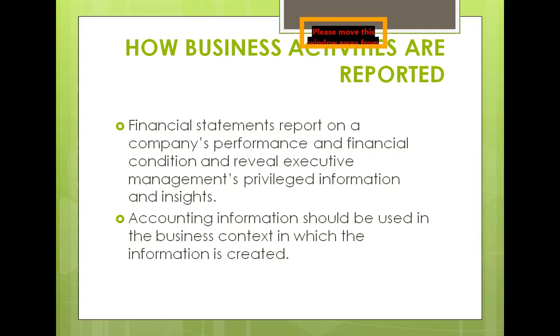So the operation of the accounting information system involves application of accounting standards to produce financial statements that provide insights on the business activities of the company under analysis. Accounting information should be used in the business context in which the information is created. Okay?